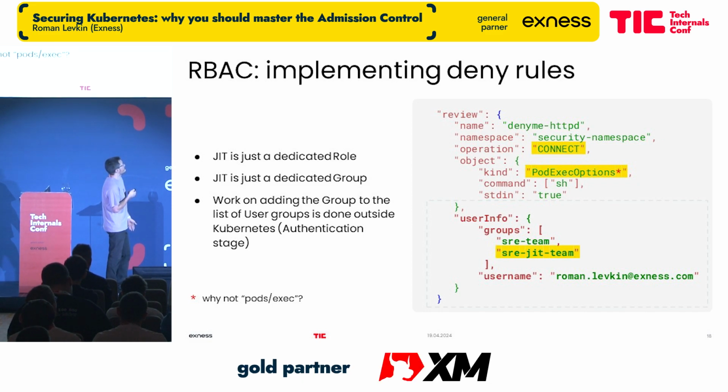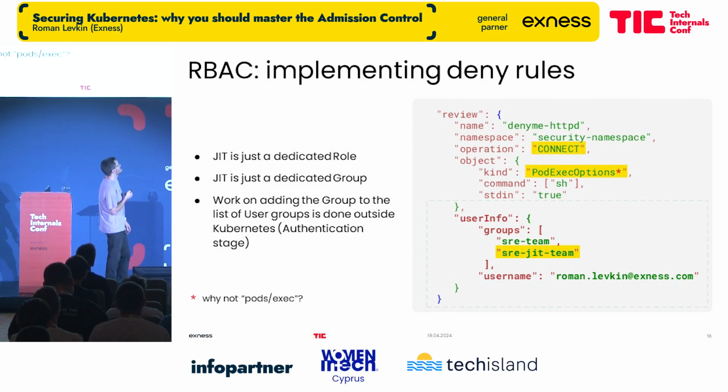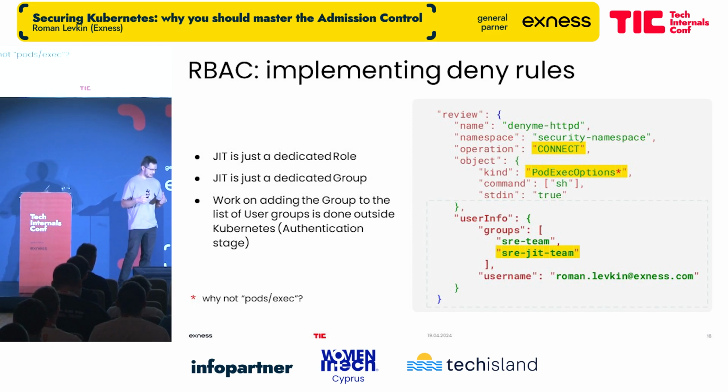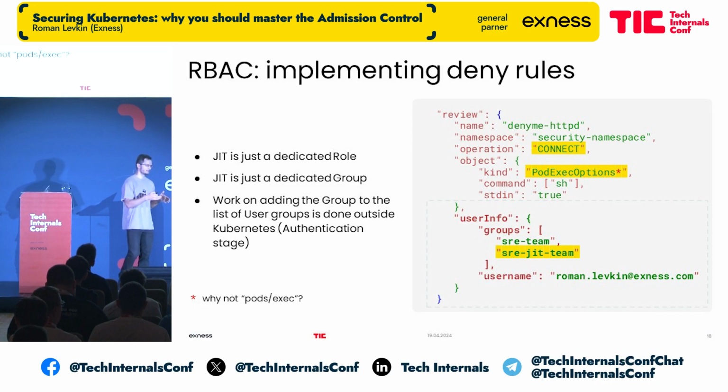And the name of the namespace, and the combination of these fields, like we want to say to our policy agent that any request coming with these groups inside this namespace with this type of operation and with this type of resource should be denied. Which means that access control will be enforced on the next step. It will be allowed by role-based access control, but will be denied on the validation step, meaning that the policy enforcement point is different. But it completely fulfills our requirement, and it works pretty well.